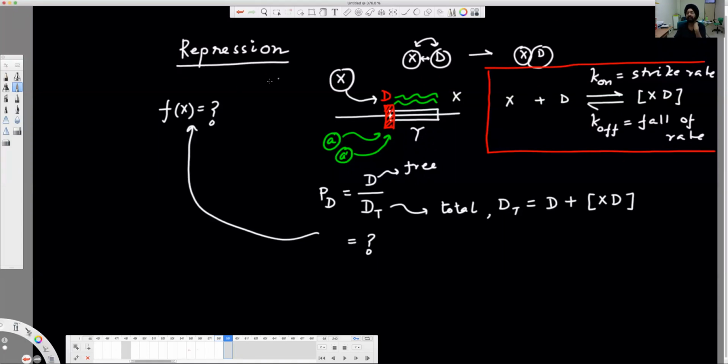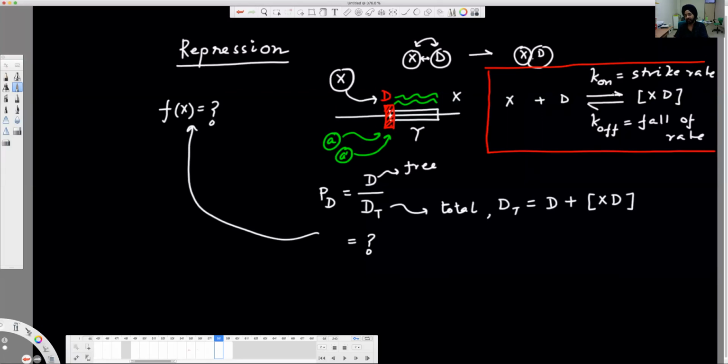Okay, so let's write the differential equation. So change in X can be given by dX by dt. What will it be? This is going to be change of X. Anybody?